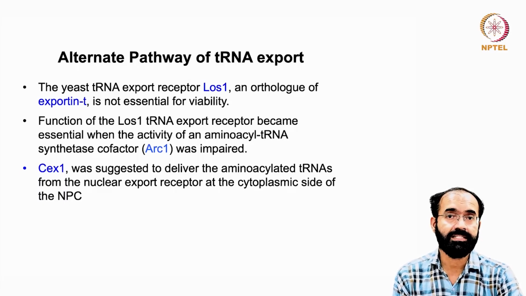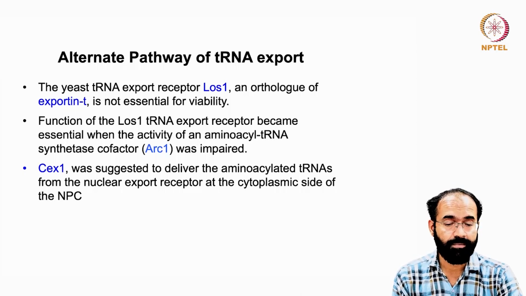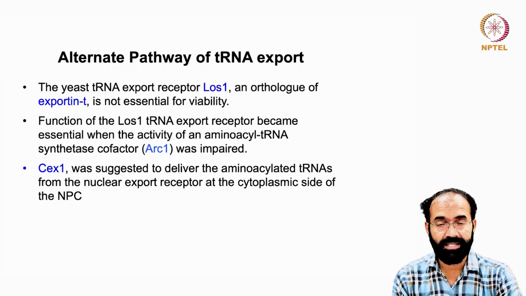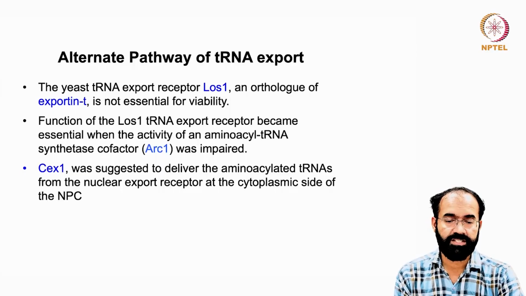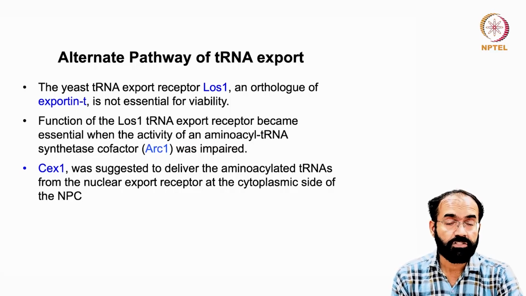So we should assume there is some assistant, someone else doing the function of LOS1, and we could guess who that could be. If LOS1 is defective along with ARC1, which is an amino acid tRNA synthetase cofactor, then the absence of LOS1 becomes important. Another protein, SEX1, was suggested to deliver the aminoacylated tRNAs from the nuclear export receptor at the cytoplasmic side of the nuclear pore complex.